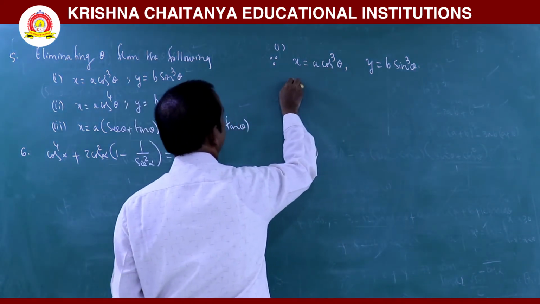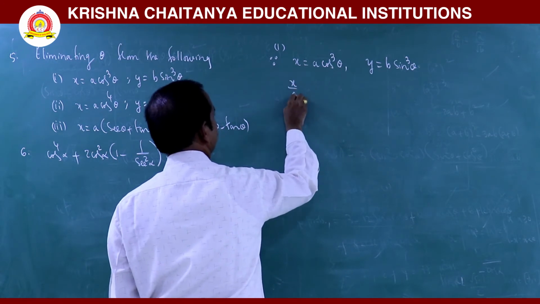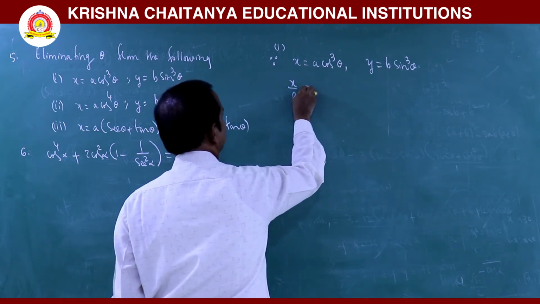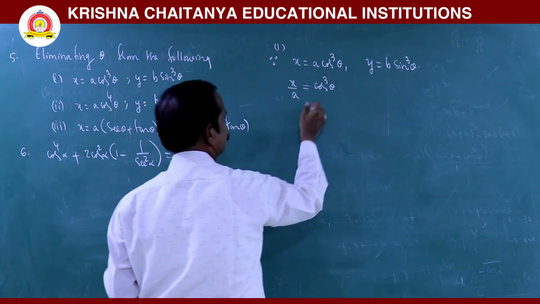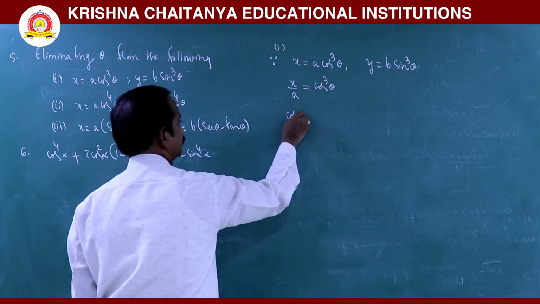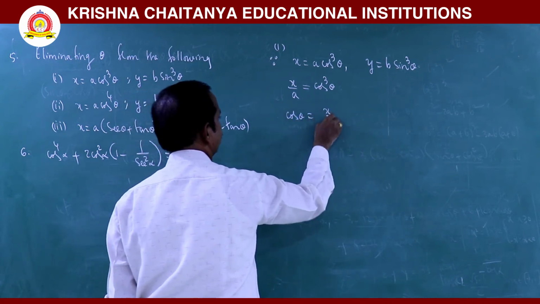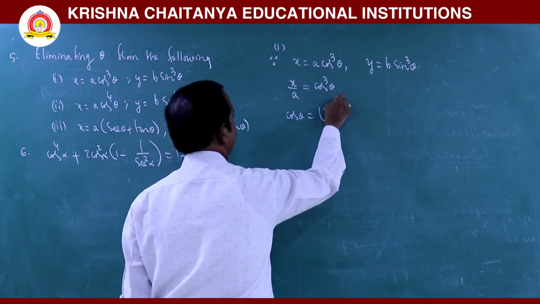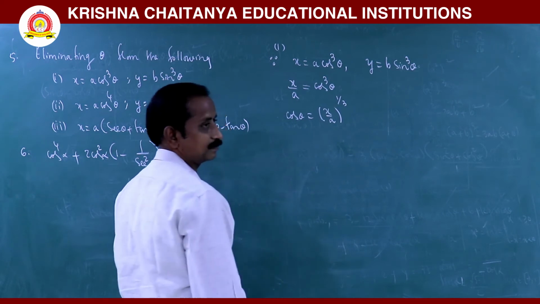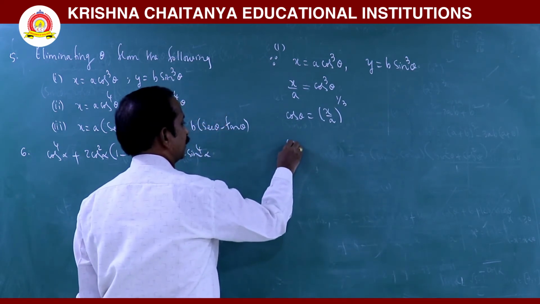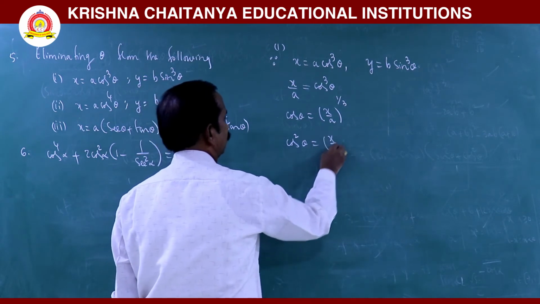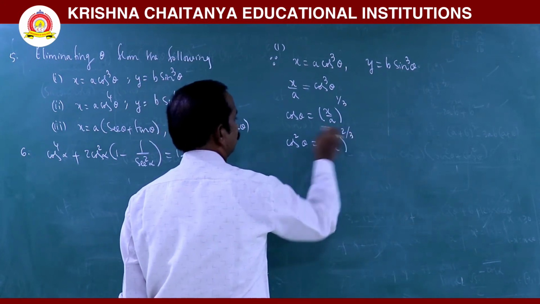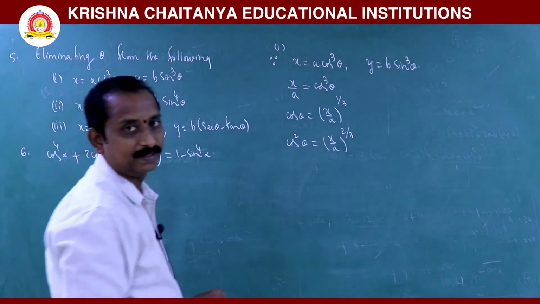From this one we can write x by a, dividing by a, which is cos cube theta. So cos theta is (x by a) to the power of 1 by 3. Cos square theta is ((x by a) to the power of 1 by 3) whole square, which is (x by a) to the power of 2 by 3.